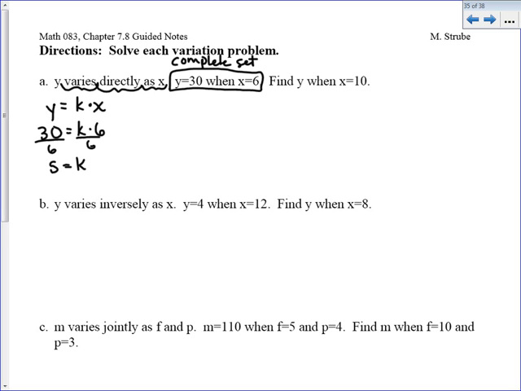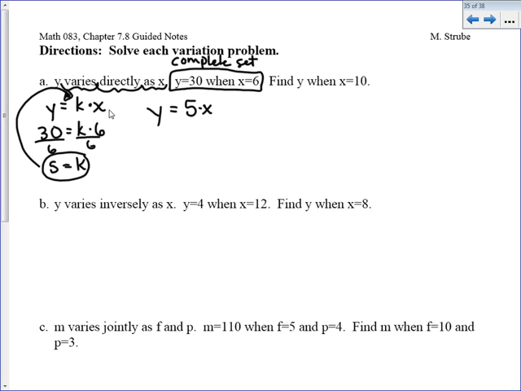That k is not going to change in this problem. I could ask you 10 questions now, and they would all have k equal to 5. So what you do after you find your k value is you go back and you replace it in your original. So y equals, in place of k, 5 times x. And that's going to allow me to answer any question from here on out.